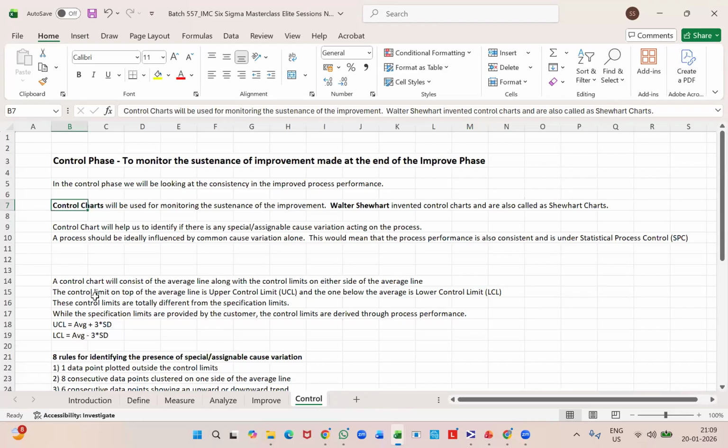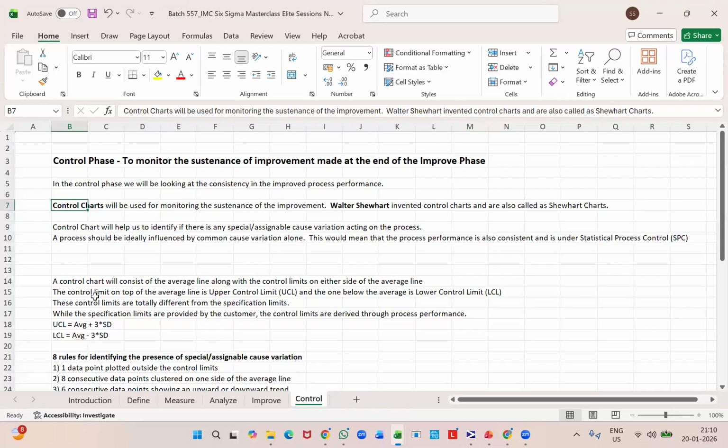And the quality expert who actually invented this control chart is Walter Shewart. So we kind of discussed Walter Shewart on the first day of this training session. If you would remember, he's the one who actually invented control charts when he was working in the US Army. And he was the one who was approached by the US government to travel to Japan to help them resurrect their economy after the Second World War.